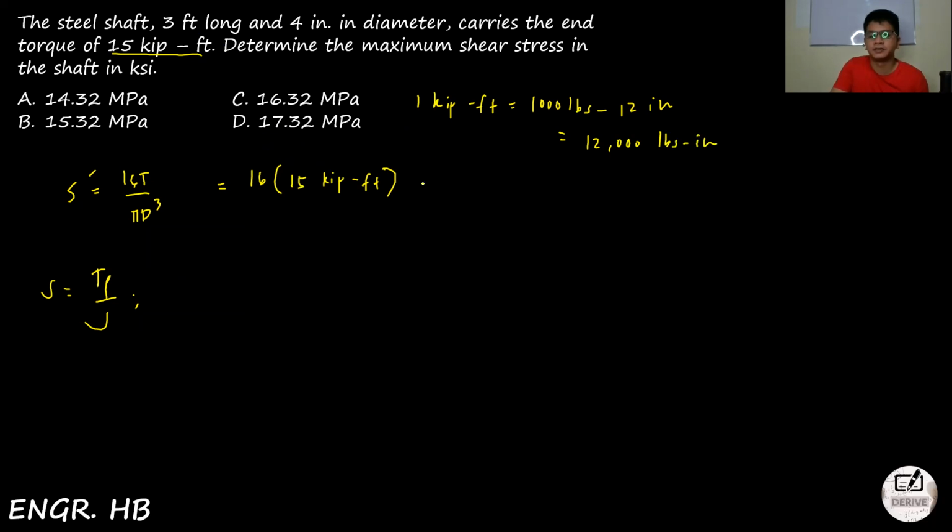So pwede na natin si 15 ay multiply na natin ng 12,000. Or para hindi ka malito, 15 feet, that will become 15,000 pounds feet. Para maging inches, multiply mo ng 12. So that will become 15,000 times 12. It is basically the same as 15 times 12,000. Divided by pi d cube. So that will become pounds inch. So si diameter is, ayan, meron tayong diameter na 4 inches.